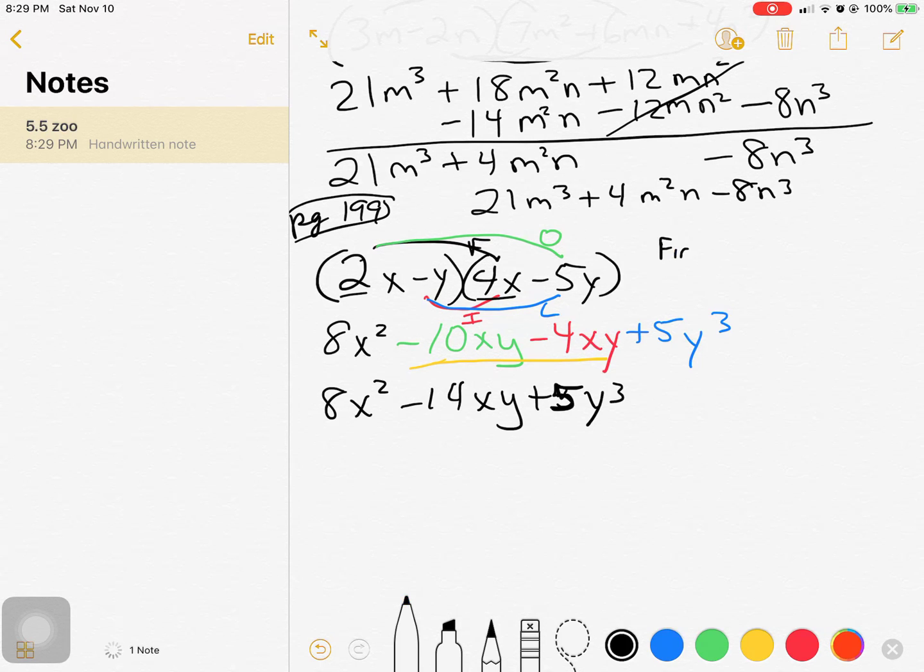So first, outside, inside, last. So that's FOIL, F-O-I-L, all capital letters.